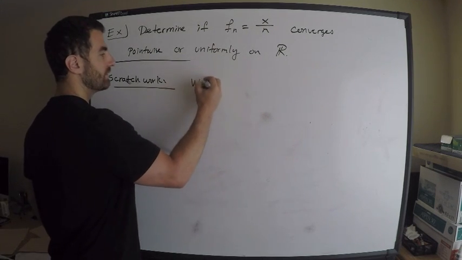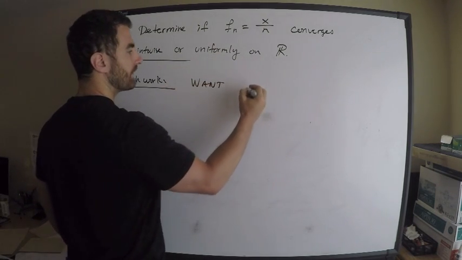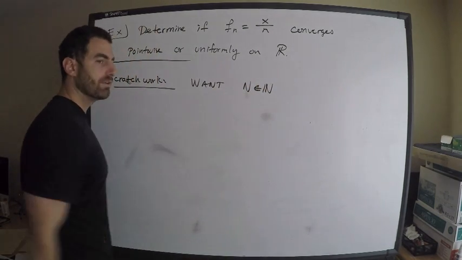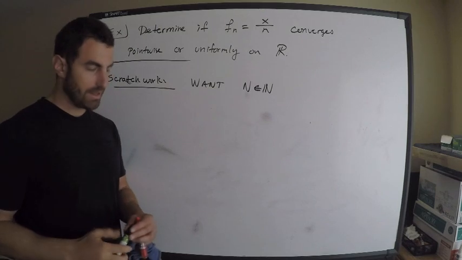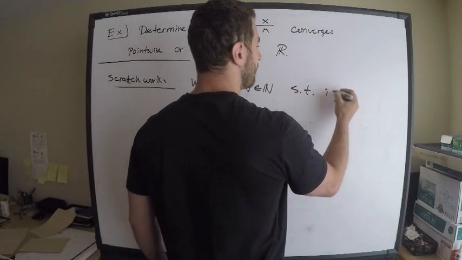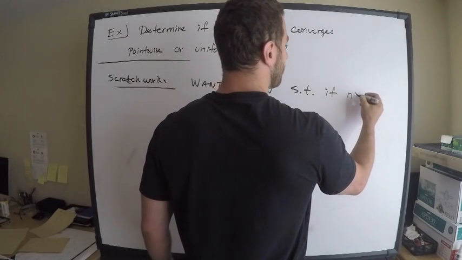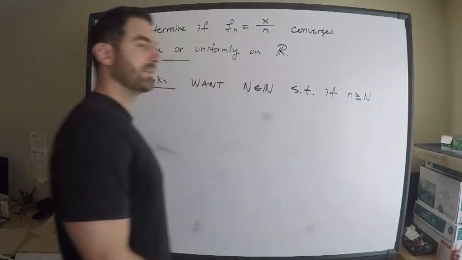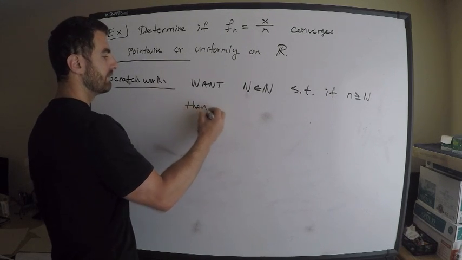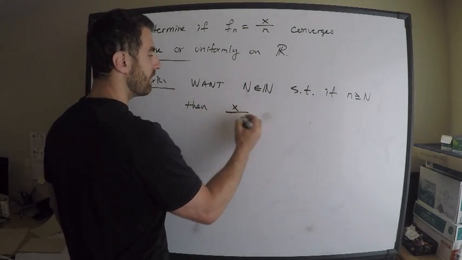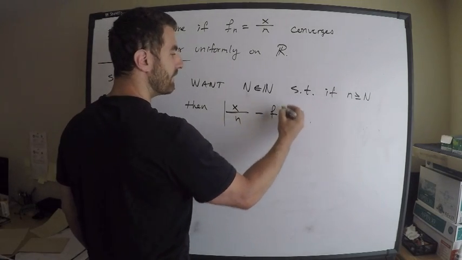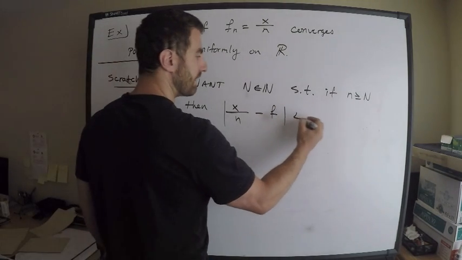We want capital N in the natural numbers. This is what we have control over, the natural number N, such that if little n exceeds capital N, then the distance between x over n and the limiting function, which I don't know, is less than epsilon.